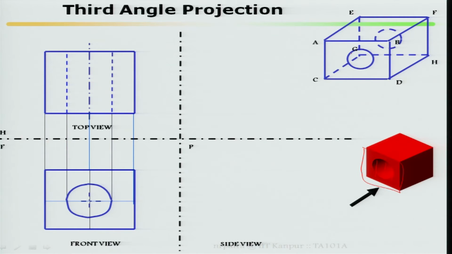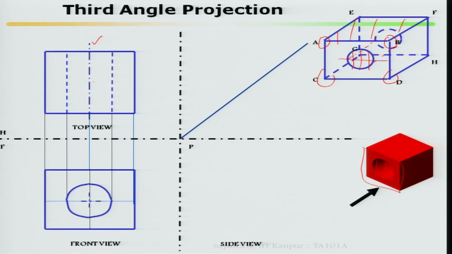That means from here to here I can see only one dotted line, because points B and D will merge and A and C will merge. I will see this surface as a hidden line, two hidden lines here, along with your center line. This is your center line, these are the two sides of the circle, and they are hidden lines.